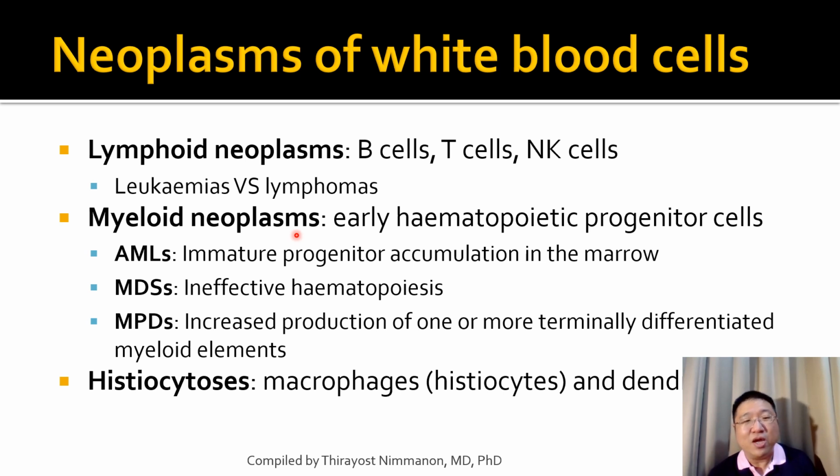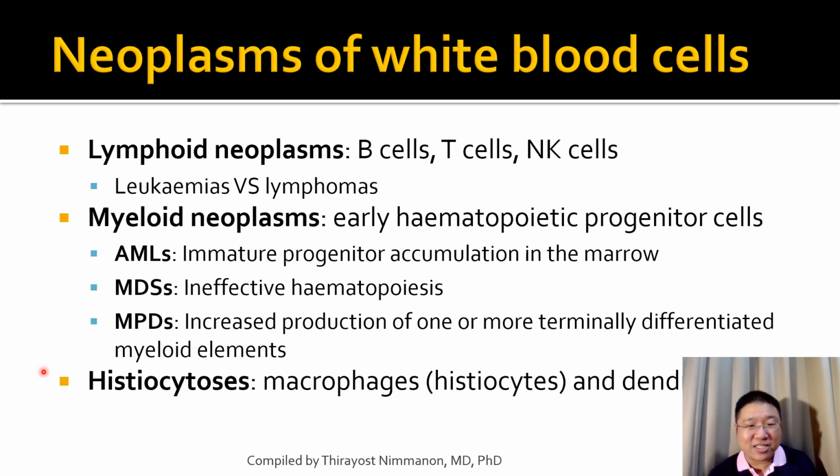So we often see a lot of blasts, myeloblasts within the peripheral blood as well. So the clinical picture is too many precursor cells within the bone marrow, and also too many blasts within the blood circulation. So these are just the basic principles of different types of myeloid neoplasms.